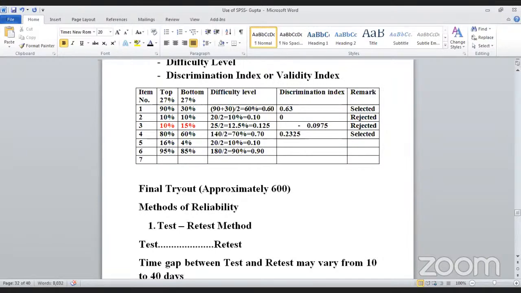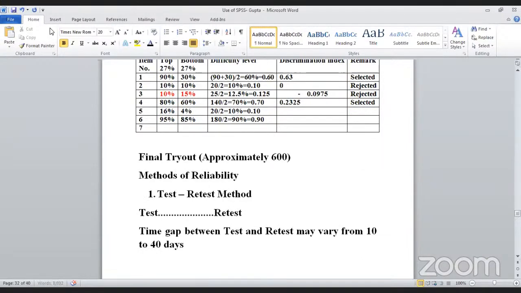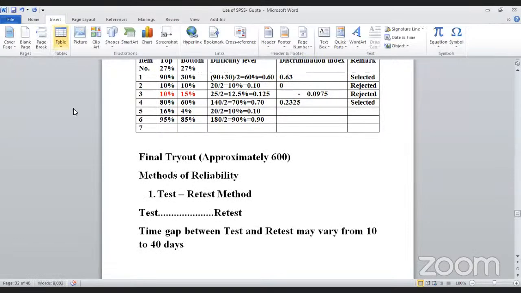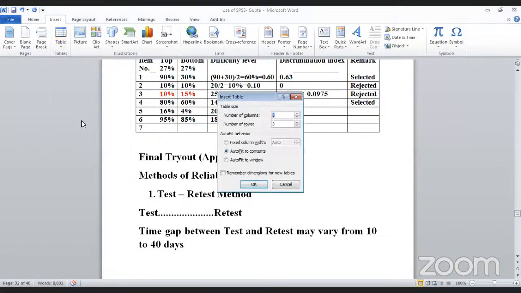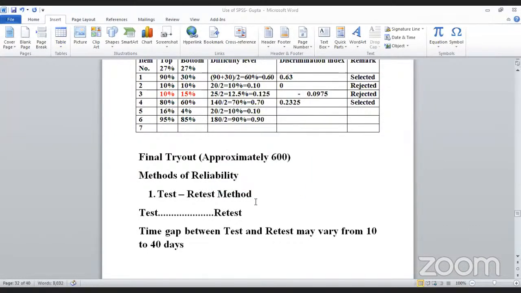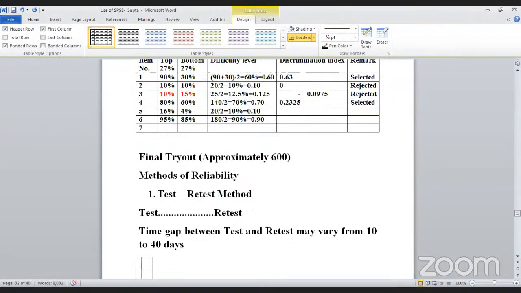So what you have to do is that you have here your serial number, you have here your test, and this is your retest.